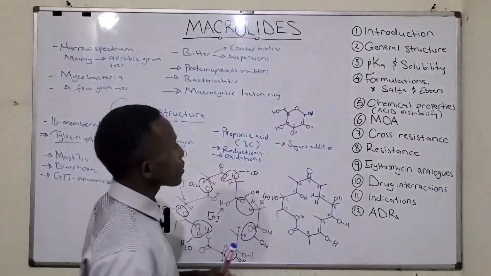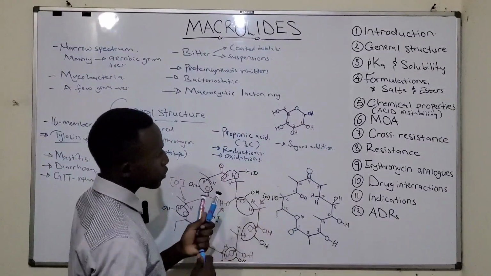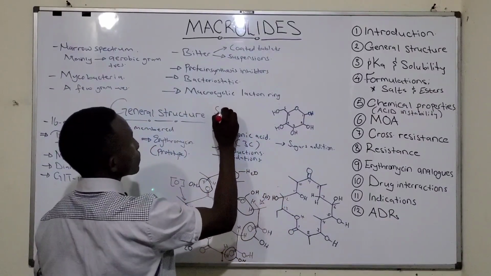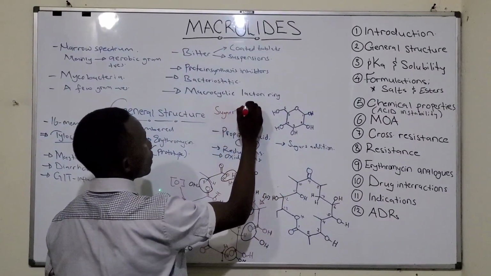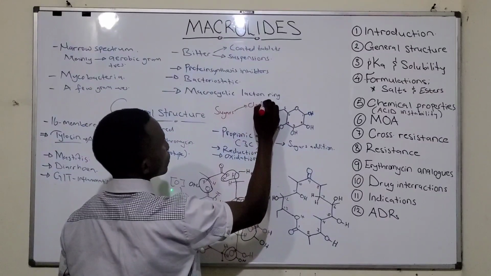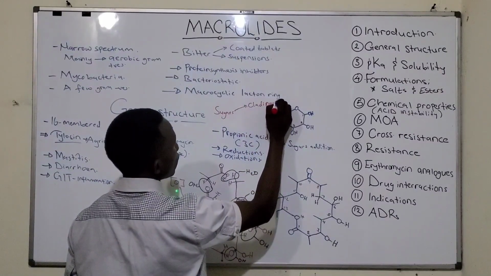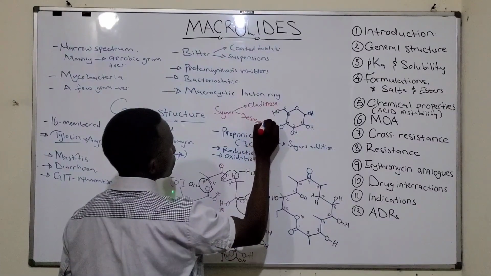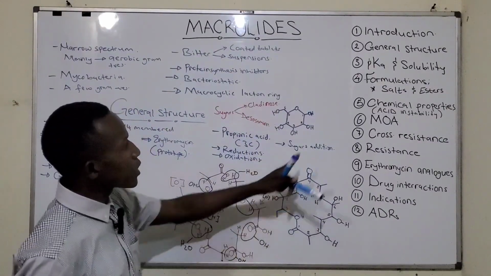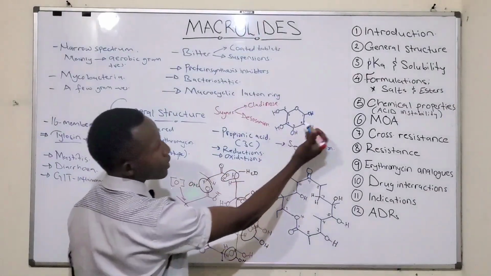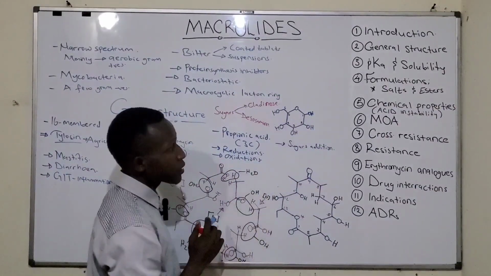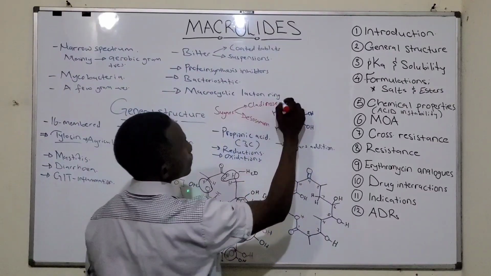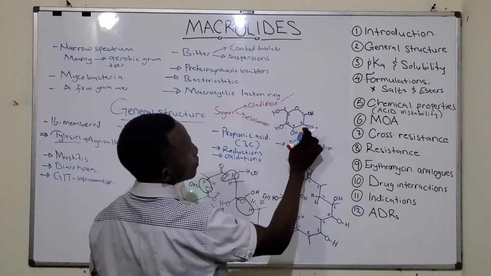The normal sugar, the hexose, is like this. By the sugars we have here, we shall have the glutinose and the succinylate. The normal sugar is like this, carbon 1 up to carbon 6 with the OH groups. But for glutinose, we have this sugar substituted.